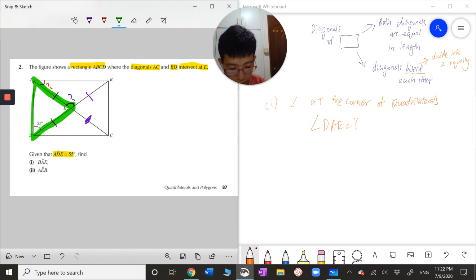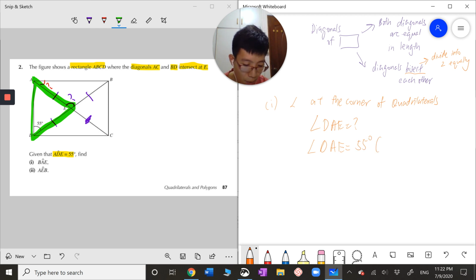So in this case, angle DAE will be equal to 55 degrees, and the reason is they are base angles of isosceles triangle AED. So this is how you write down reasoning.